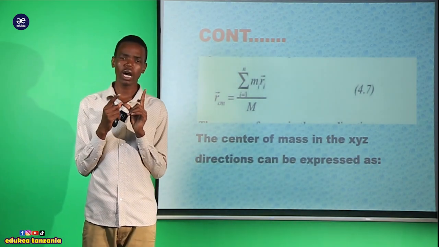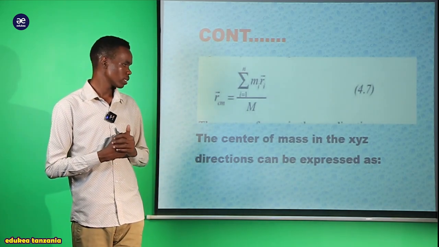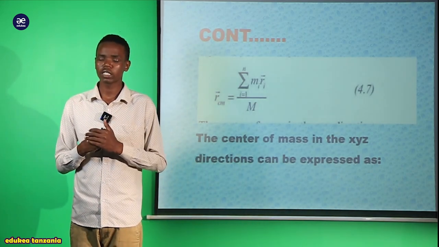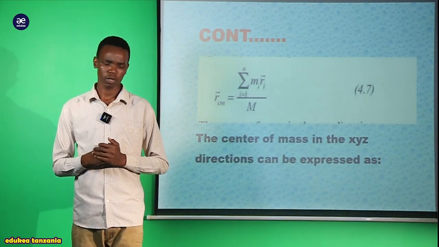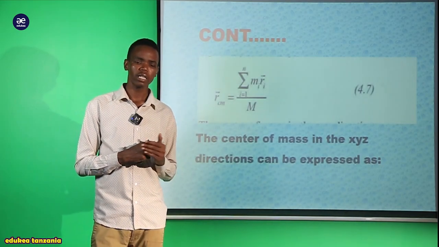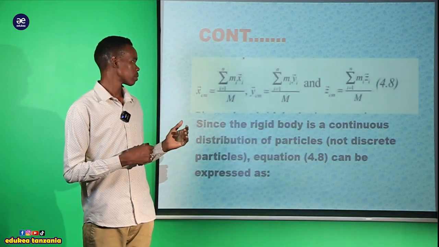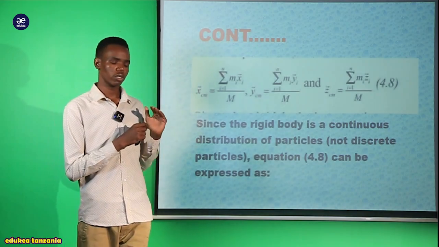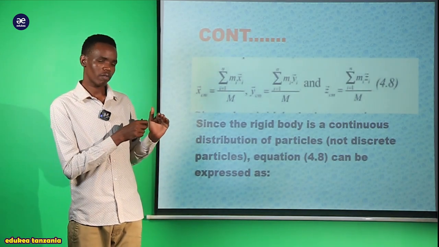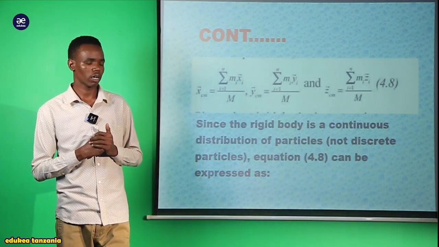So imagine we have the xyz directions, and we want to express the vector of the center of mass. How can we express it, my dear students? The center of mass along the xyz must be expressed in terms of this, which means we should start with each coordinate: the x coordinate, the y coordinate, and also the z coordinate.